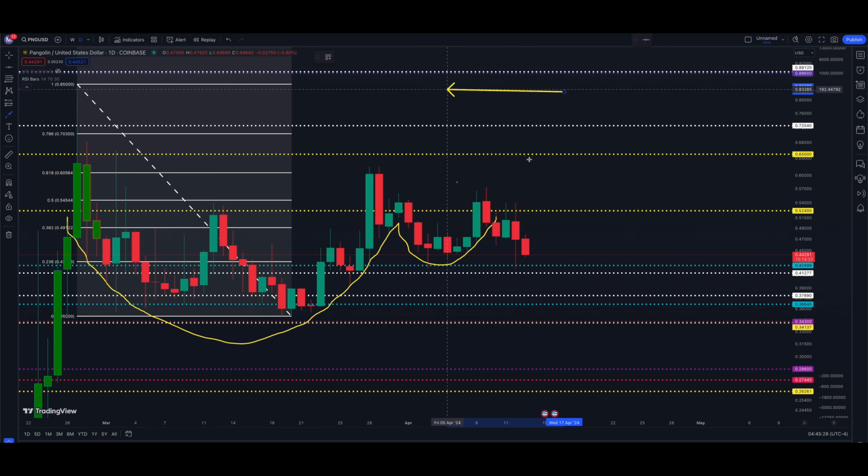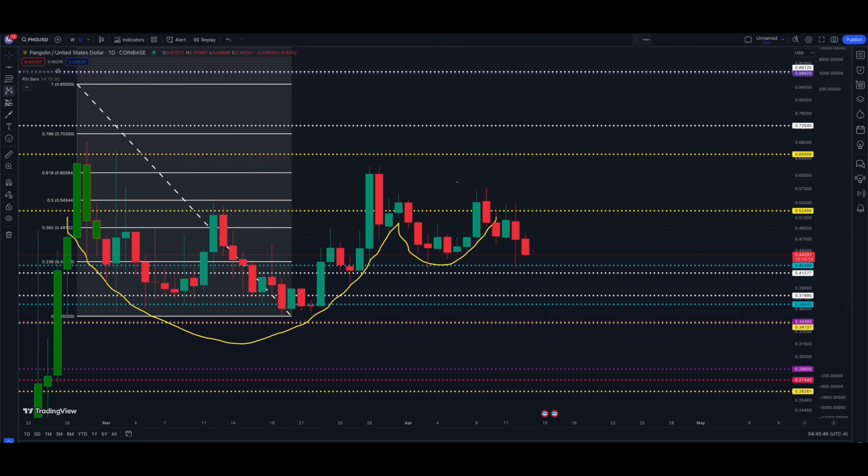But I want you to keep in mind, we're still just within a basing structure, a much larger basing structure with a very wide price range from 40, 30, like 35 or so up to 85.